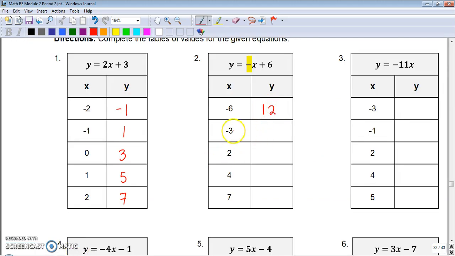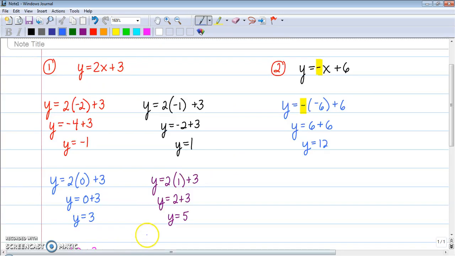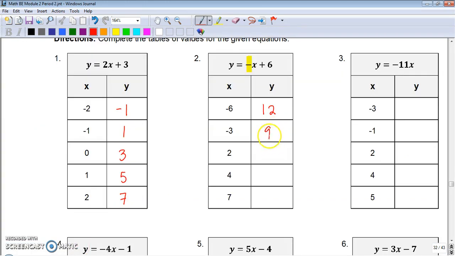Then I'm going to plug in, skipping to negative 3. Y equals the opposite of negative 3 plus 6, which is 3 plus 6, which is 9. I can tell that my y values are going down, and usually this pattern continues, so if I notice in some spot this does not happen, it means I made an error.